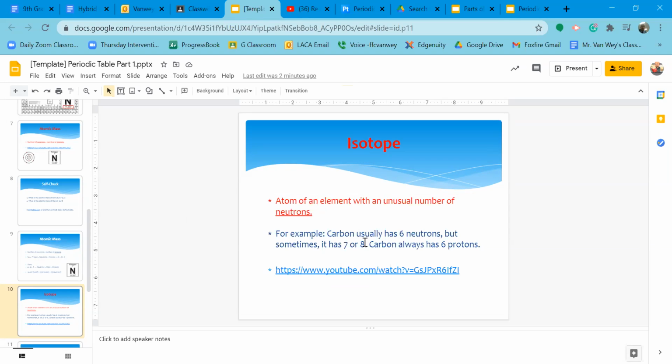And actually, with 8 neutrons, it's pretty radioactive. That atom will fall apart. Those neutrons will fall off of that carbon. And when those neutrons fall off of carbon and they hit you, that is radiation. Carbon always has 6 protons, but sometimes it has some extra neutrons. And eventually, those will fall off. They will come apart.